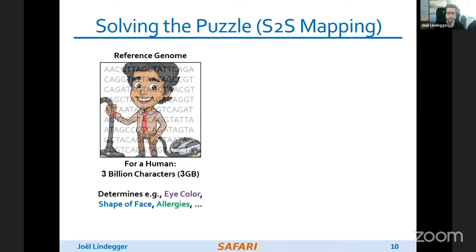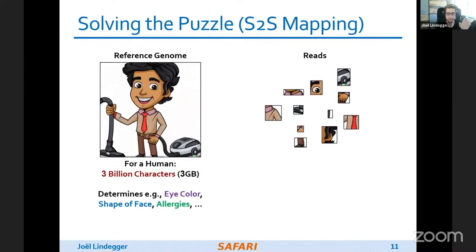And this vacuum salesman has an eye color, he has a specific face shape, maybe he has some allergies that we can't see in the picture, but maybe he does have it. And all of those would be determined by the contents of his genome, assuming the reference genome is specifically that guy's genome.